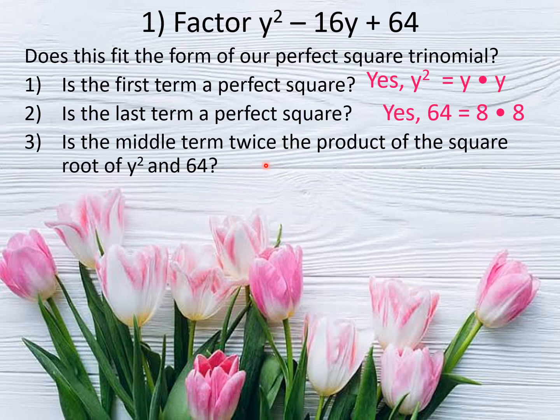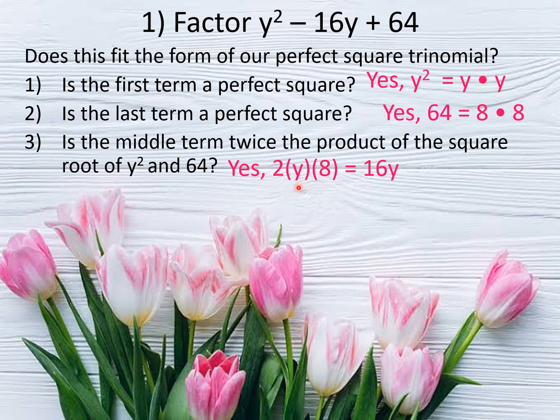Is the middle term twice the product of the square root of y squared and 64? So, ug twice gani, unsa ganito'y buhaton? We are going to multiply it by 2. Ang product sa square root ni y squared o sa square root ni 64. So, yes, 2 times y times 8.